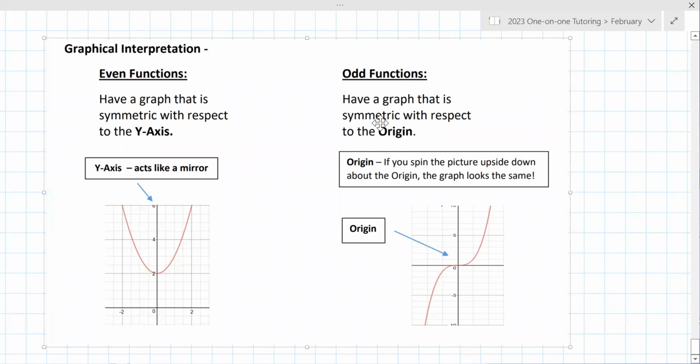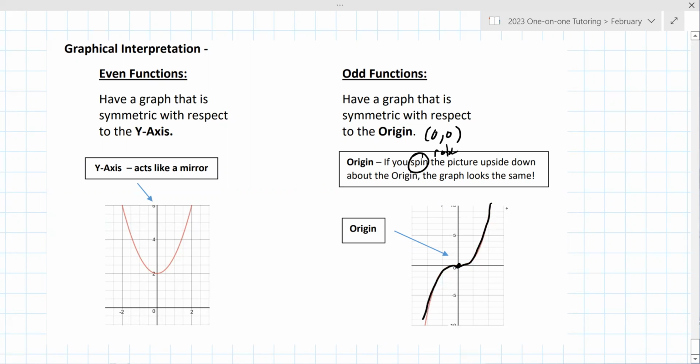It's symmetric with respect to the origin, which is 0, 0. And the idea again is if you were to rotate about the origin, you should see the same thing. And we talked about quadrant 1 and quadrant 3, or quadrant 2 and quadrant 4. So that's your basic definition.